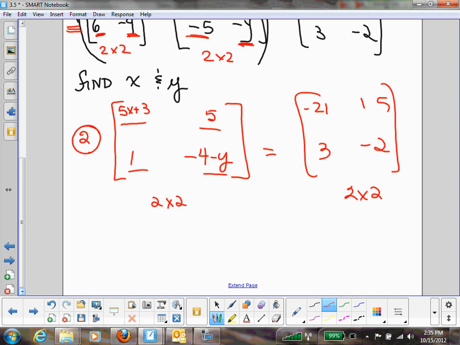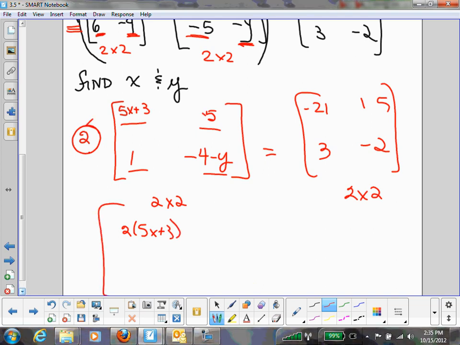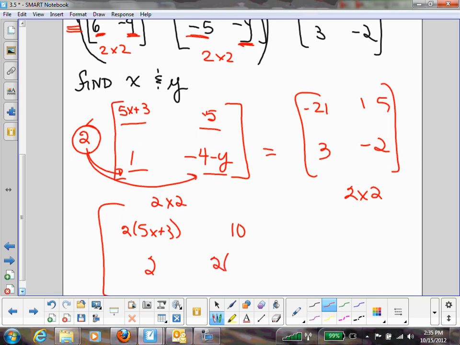So we're going to pull it in. We're going to say then 2 times 5x plus 3. And then 2 times 5 is 10, isn't it? And 2 times 1 is? And 2 times all of this is, we're just going to leave like this.